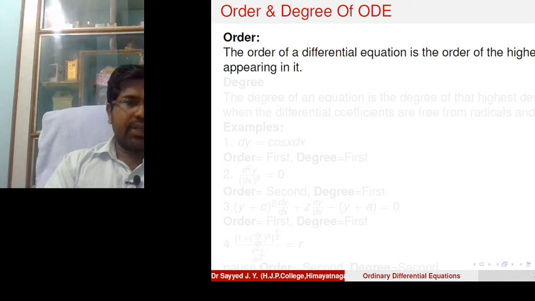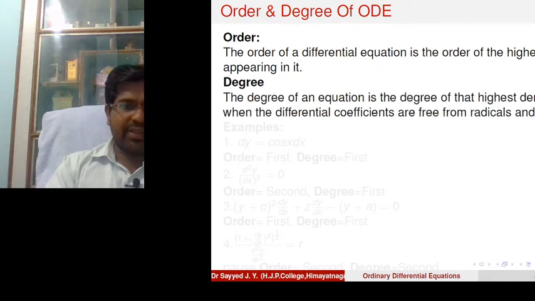The degree of an equation is the degree of that highest derivative when the differential coefficients are free from radicals and fractions. Keep in mind that these two things, free from radicals and fractions, are very important when you are finding the degree. The equation should not contain these two things.